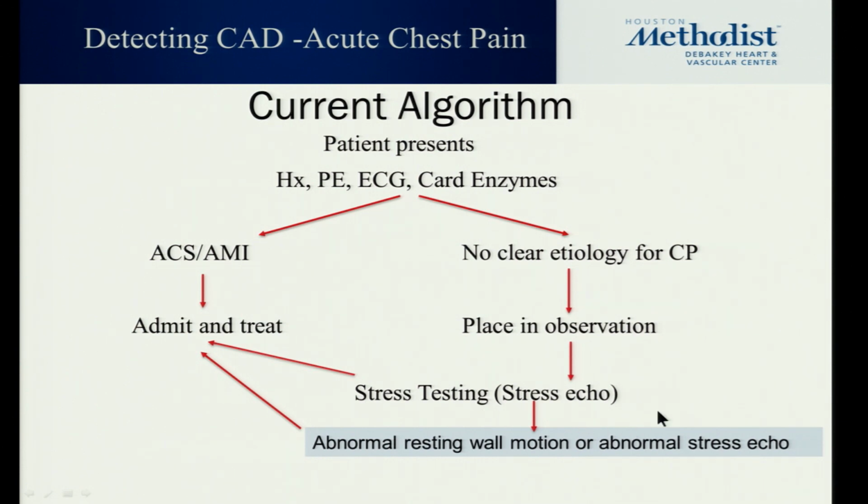If you go the way of echo, already having abnormal resting wall motion would be a red flag. If the resting portion is already abnormal, that patient has trouble. So if you have an abnormal resting wall motion or abnormal stress echo with distress, that's a patient that's going to be admitted for further testing. If it's normal, they go home.